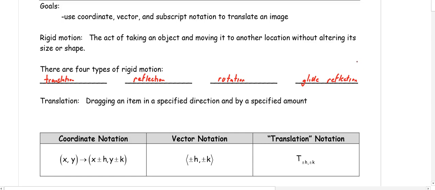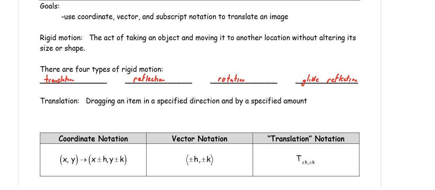So there's three ways to notate a translation. There's the coordinate notation, which you have in the first set of parentheses, x comma y, an arrow pointing to the right, and then we have x plus or minus h and y plus or minus k. H and k are going to represent how much we're moving left, right, up, or down. In vector notation, we don't use any of the variables.